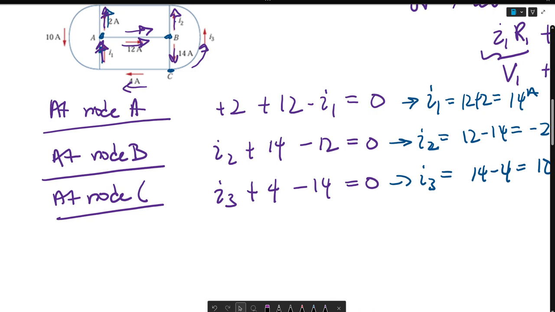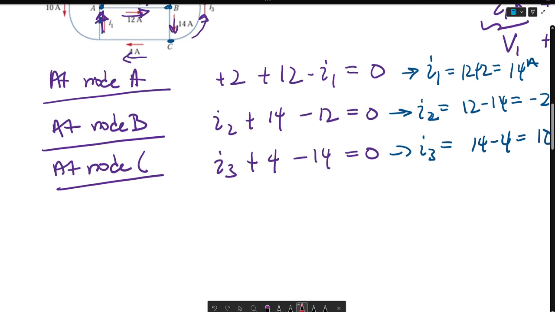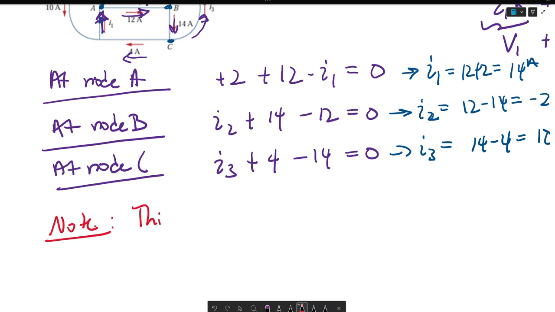As you can see, we're going to make another note. And we're going to say this is KCL, or Kirchhoff's current law. And in this situation, we are solving for currents.